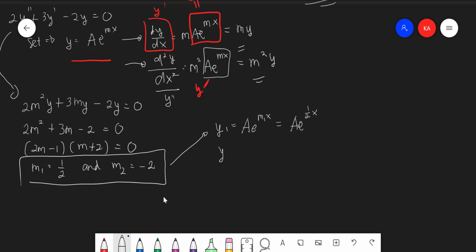And y2 is b e power of m2 x, so we have b e power of minus 2x.